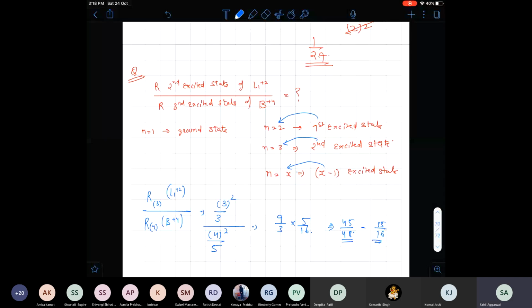N square by z. 5 by 16. 9 by 3. 45, 48. 15 by 16 will come. Pooja, we can cancel out more. We can divide both by 3. Understood?